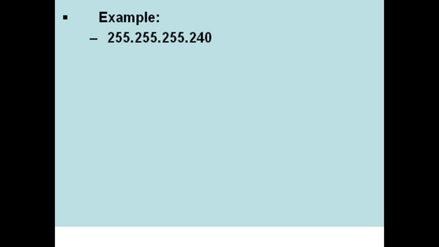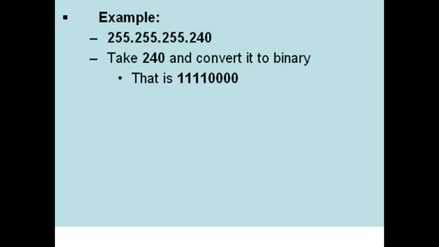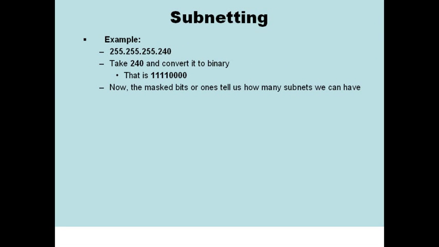Subnet mask 255.255.255.240. What you want to do is take 240 and convert it to binary. That becomes 11110000. Now, the masked bits, or ones, tell us how many subnets we can have. There are 4 ones in the binary number 11110000.